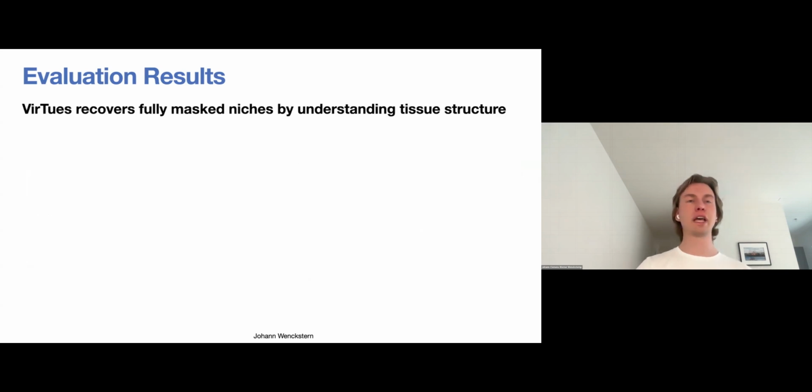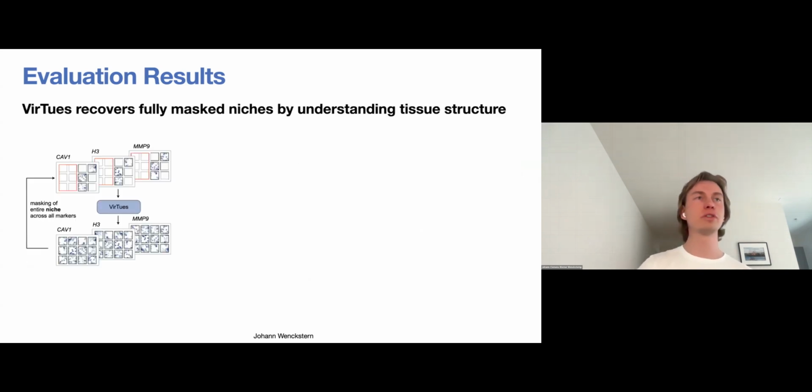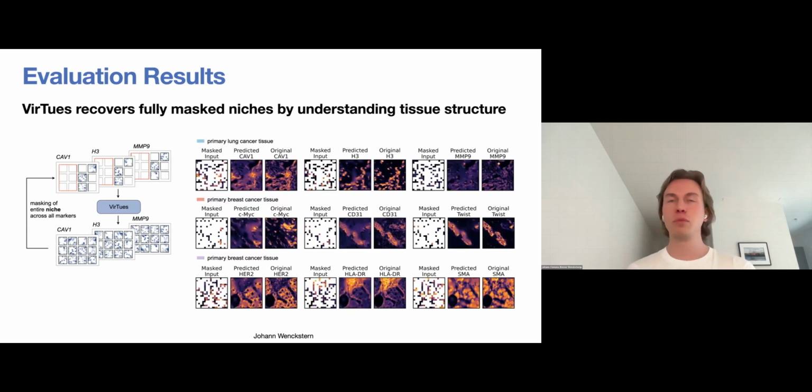And now, starting with this second alternative mode, namely what spatial correlation patterns VirTues has learned, we also mask certain regions of the tissue completely. So we chose spatial positions at which we masked all channels this time. And here we see again that the model learns spatial patterns of the tissue and is able to reconstruct structures, but with limitations.